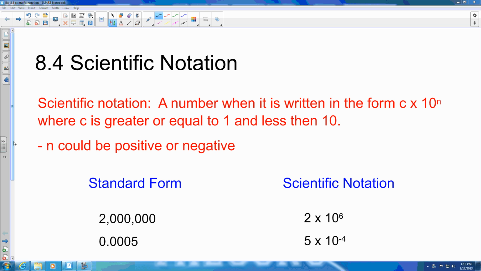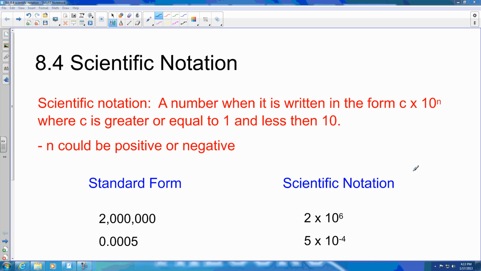When it's written, it's in the form c times 10 to the nth power, where c is greater than or equal to 1 and less than 10.